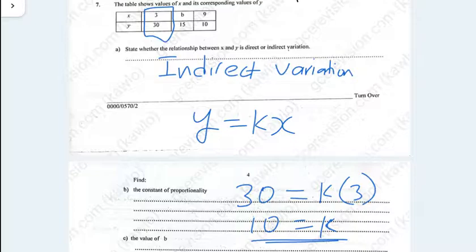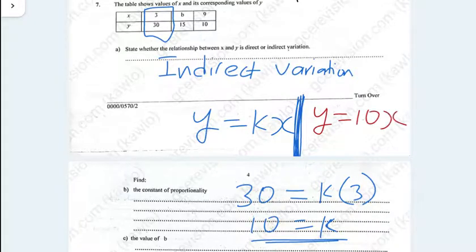Now you're being asked to look for the value of b. So obviously we can rewrite this equation as, okay, for this value of b, please let me just use this place here to solve, since I don't want to go outside of the screen. So we can write this equation as y is equal to 10x, because you know the value of k is 10, right? So now to find the value of b, when y is 15, x is b.